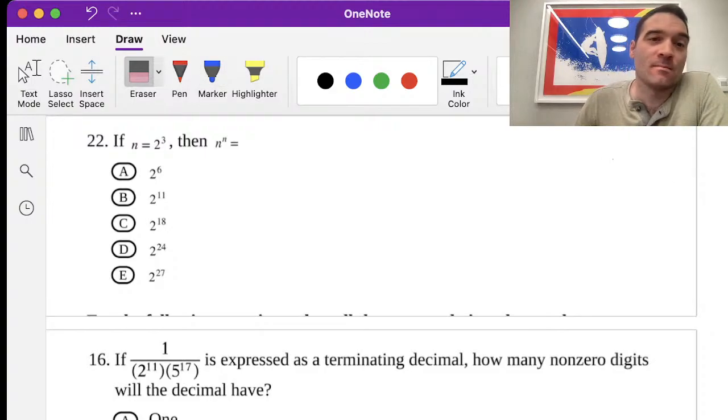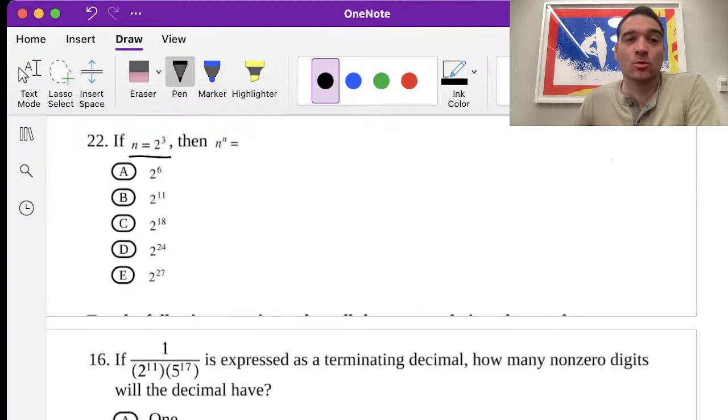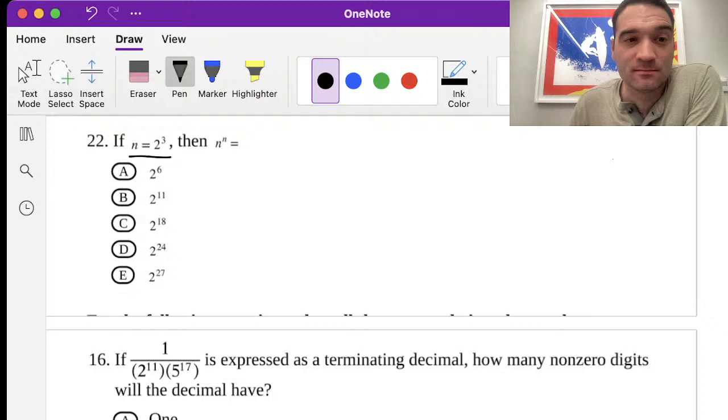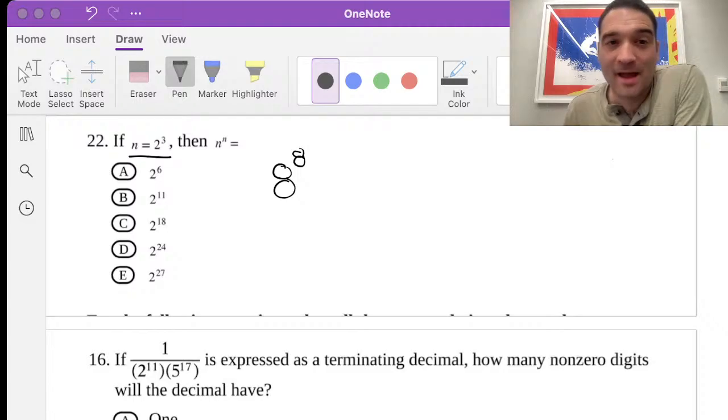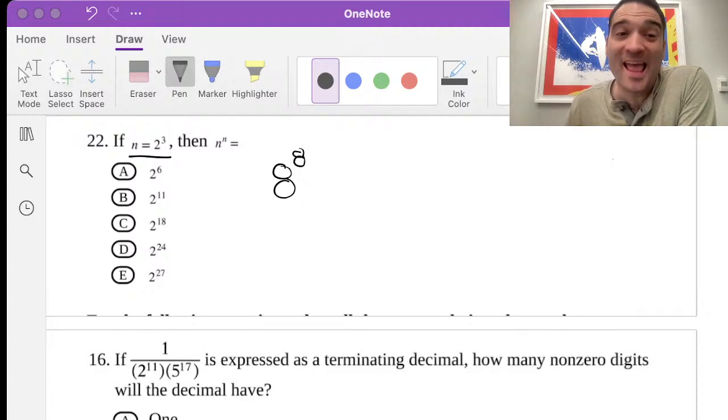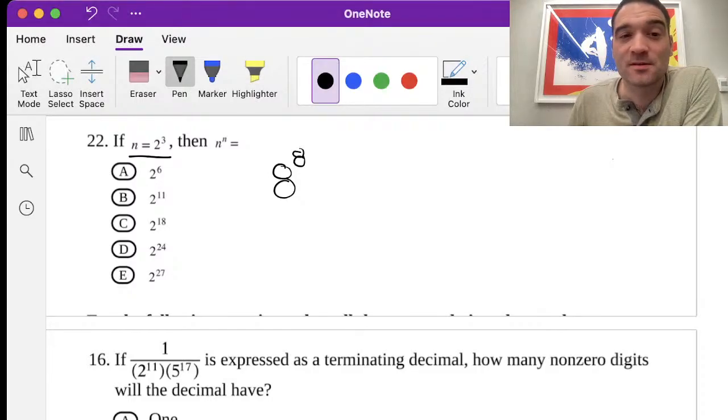Well, n equals 2 to the power of 3, which is 8, right? So we're talking about 8 to the power of 8. And once again on this one, the trick is to break things down to primes. And that's a good habit to get into on any tough exponent problem, is to break it down to primes.